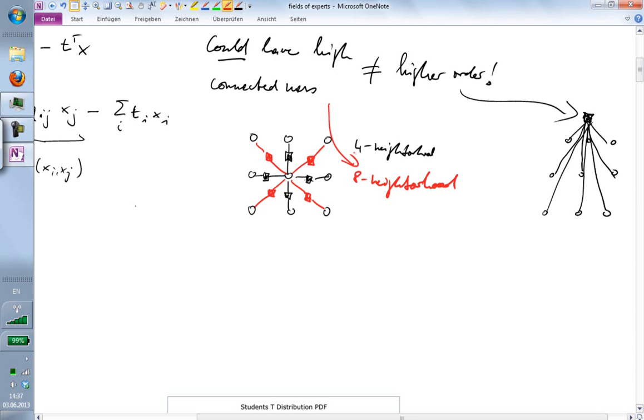And of course, you can go beyond 8 neighbors. You can choose as many as you like. But fundamentally, all of these factors here are connected to only 2 random variables in this bipartite graph, whereas here, in the higher order case, a single factor can be related to multiple random variables.